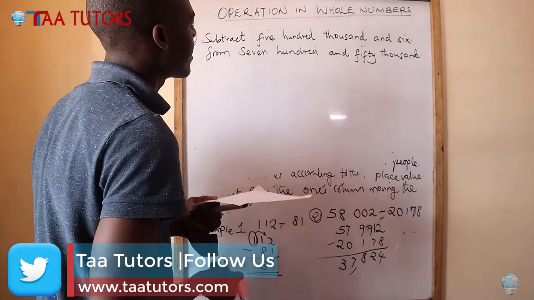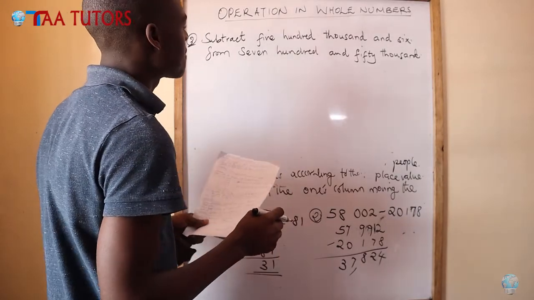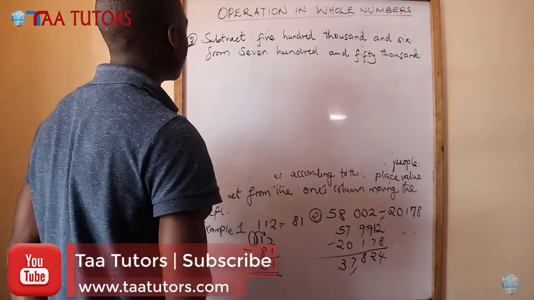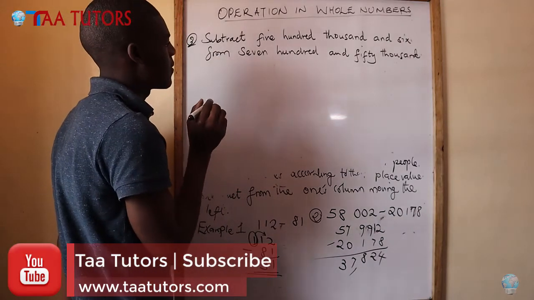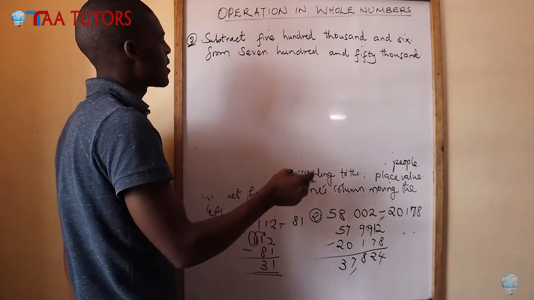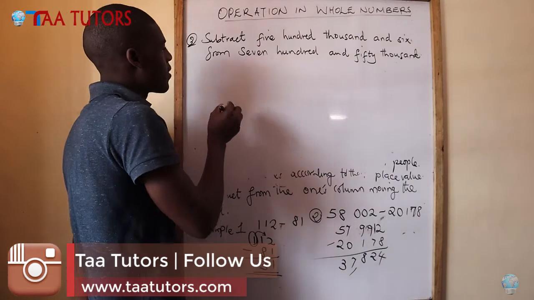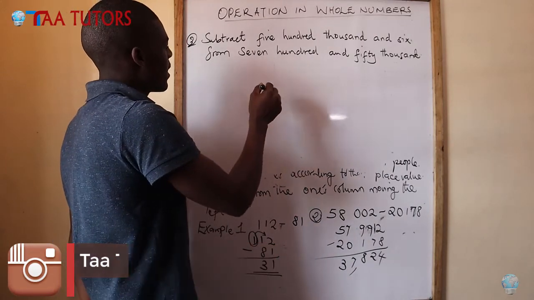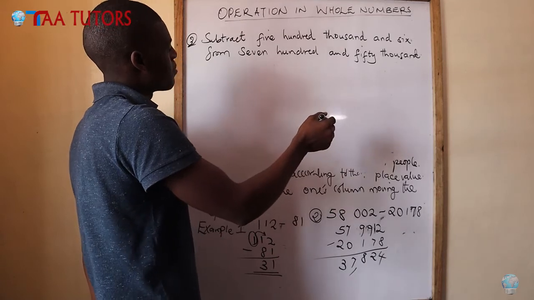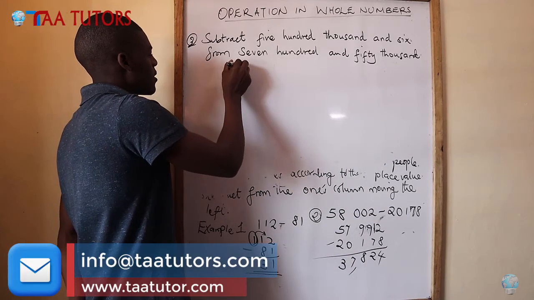Subtract 500,006 from 750,000. We realize that the figures we are given in this question are in words, so we must first write the figures in values, then we can go ahead to subtract. The first one is what we are subtracting from, so it must be the bigger value. We have 750,000.